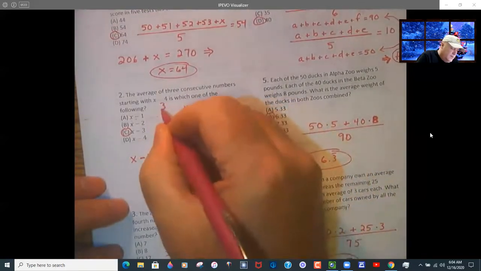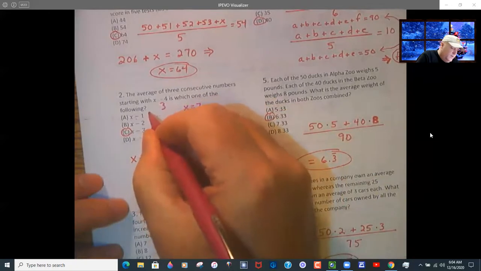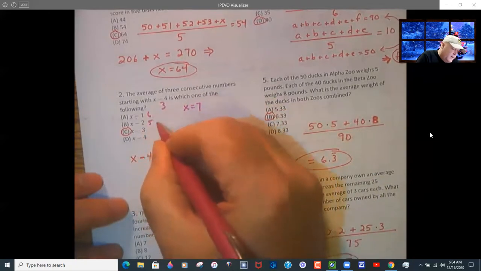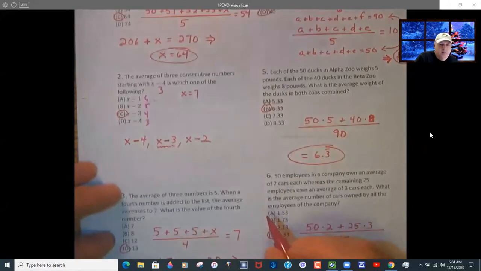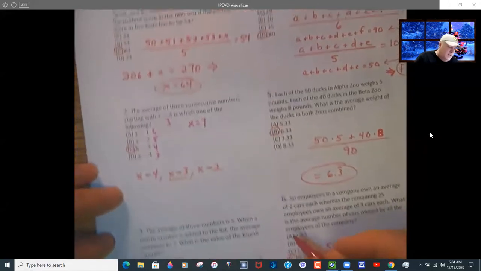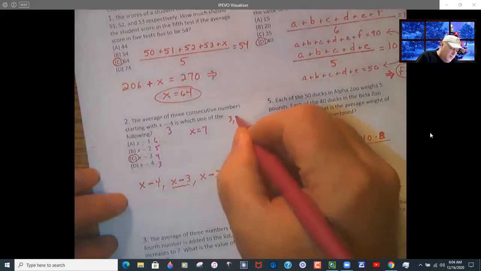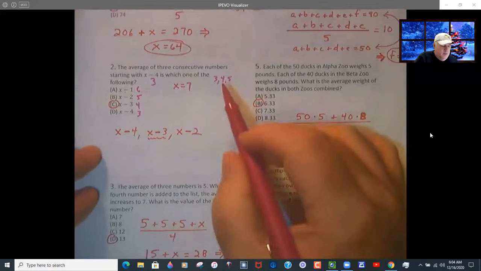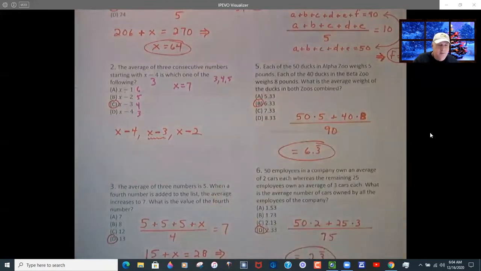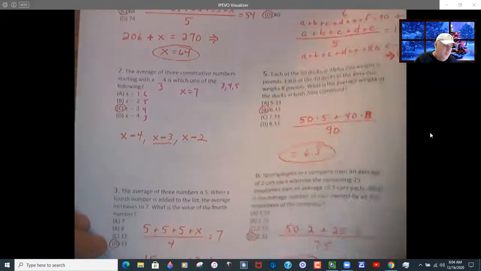So that means that's 3. This is 6. This is 5. This is 4. And that's 3. So starting with 3, and we want 3 consecutive numbers, that means we're doing 3, 4, and 5. So you see the average is 4. So a lot of times picking numbers really can help with these.